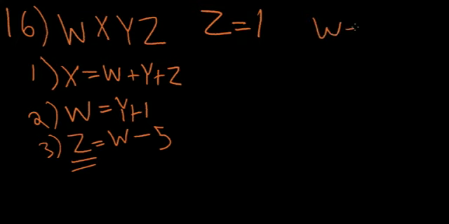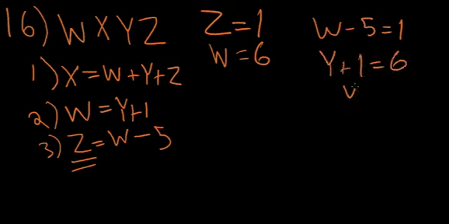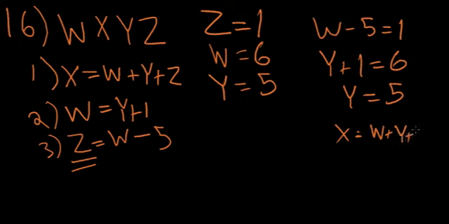Then w minus 5 equals 1, and w equals 6. With w equal to 6, y plus 1 equals 6, so y is 5. And x equals w plus y plus z, so that's 6 plus 5 plus 1, which is 12. That's impossible because that's not a single digit.